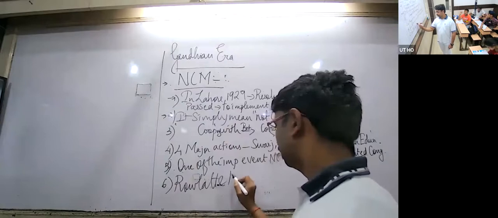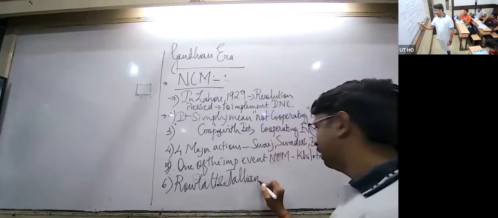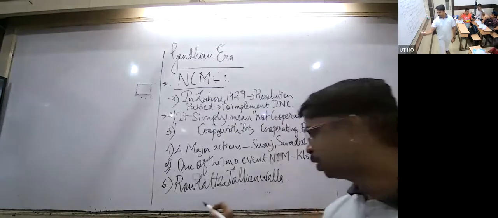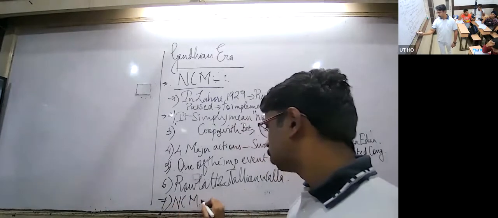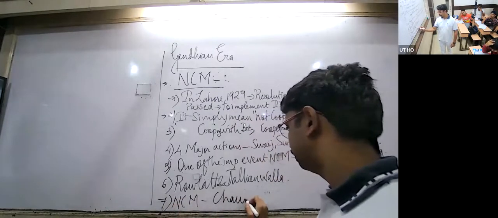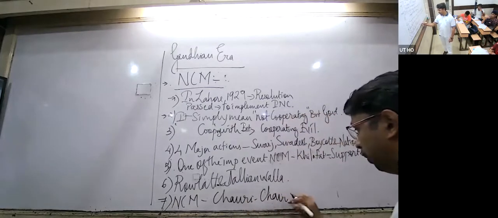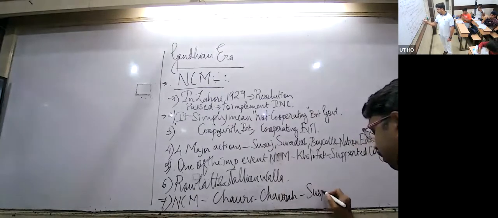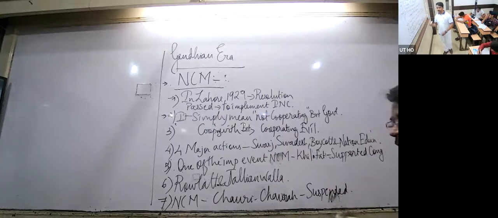The Khilafat movement is written, right? Chauri Chaura, that is due to the suspension, and the last one, NCM was suspended all thanks to the Chauri Chaura incident. Okay, yes, that is also part of this, suspended is correct. So we can say the birth and the death of NCM. Are you accepting? Yes, sir. How did it start and how did it end?